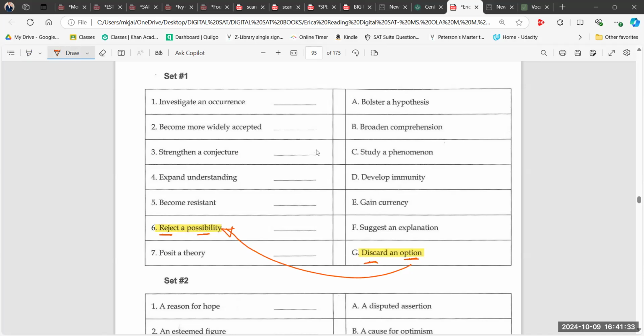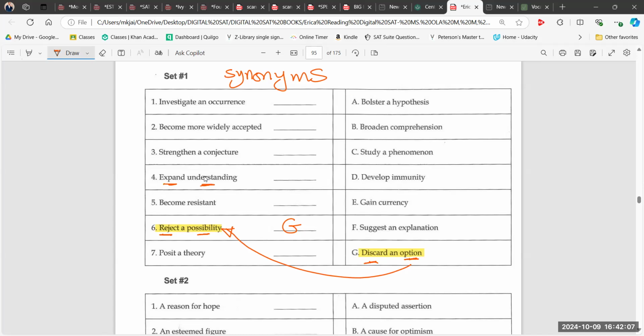What does this mean? You have to familiarize yourself with synonyms. The more synonyms you have, the better you'll be. Okay, lovely. Who would like to try another one? Yes, Iyad. Is expand understanding the same as suggest an explanation?